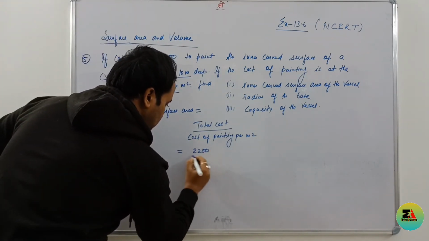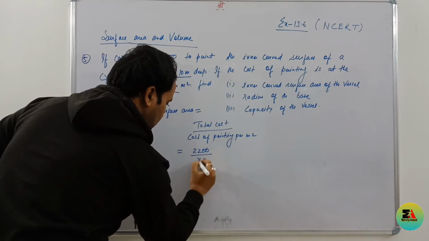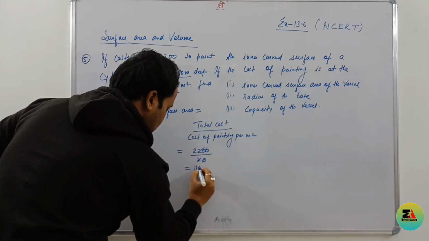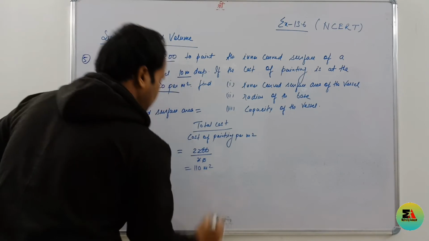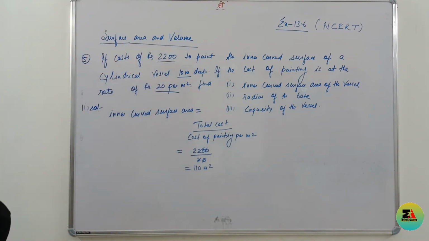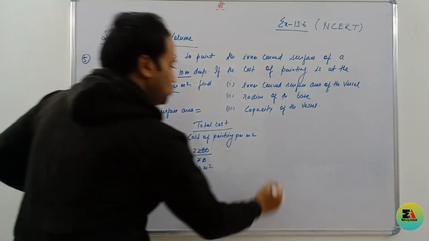Total cost is 2200 by 20. Inner curved surface area is 110 meter square. Clear? Now see how we solve case 2.